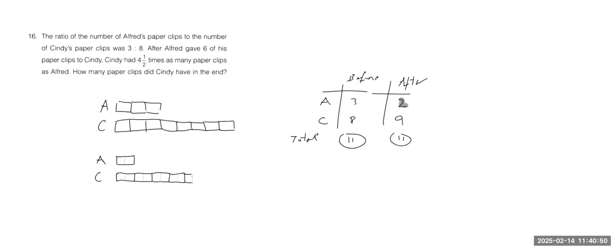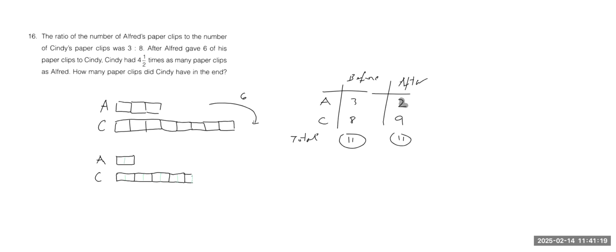So how could that then, the transfer was 6 paper clips, right? They transferred 6 paper clips. So my diagram is not to scale, I have to say, because Cindy should have a bigger, longer graph here.